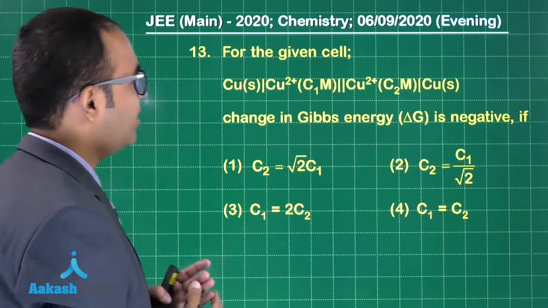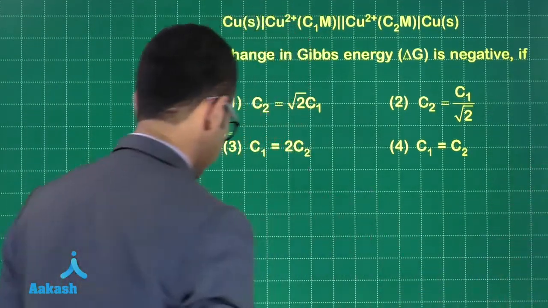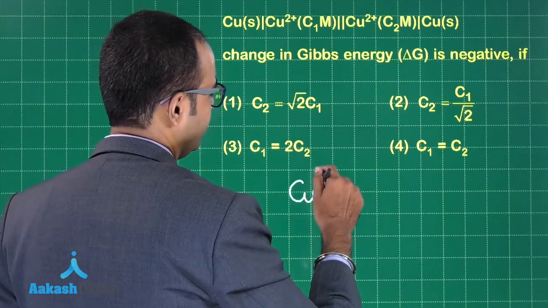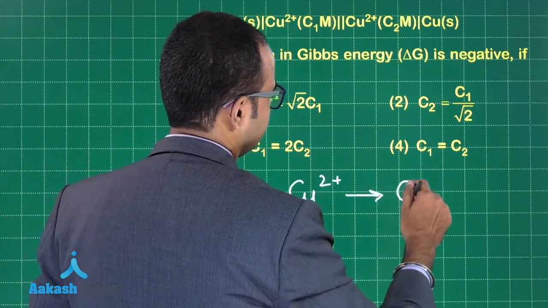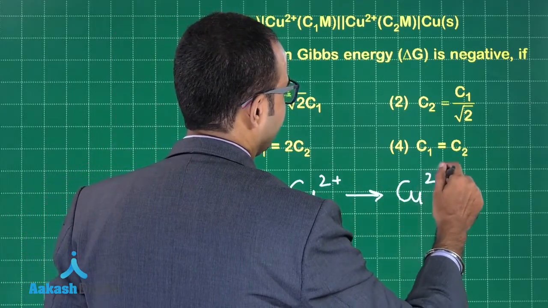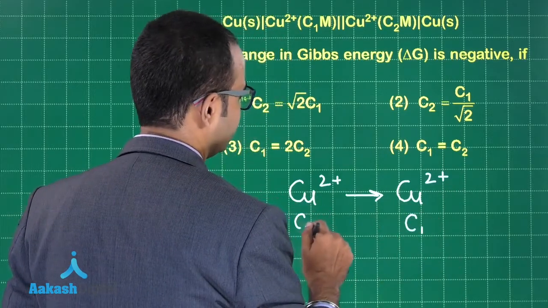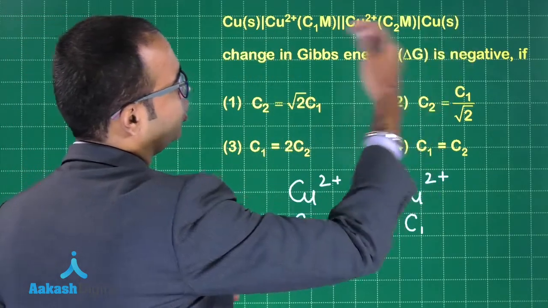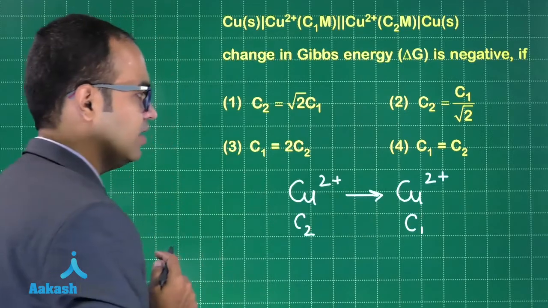For that, I'll just write the equation over here. That is Cu2+ on the left hand side, Cu2+ on the right hand side. Here the concentration is C1 and here the concentration is C2, because the left hand side will undergo oxidation and the right hand side will undergo reduction.